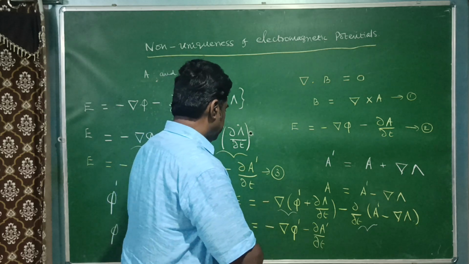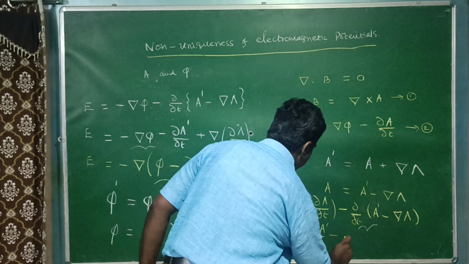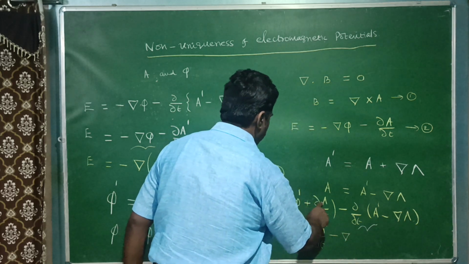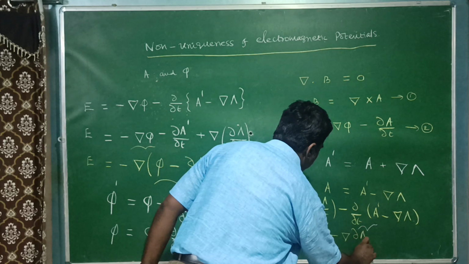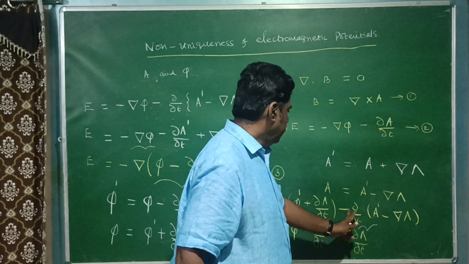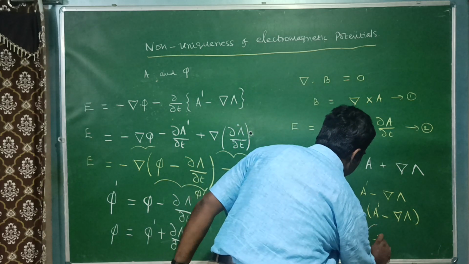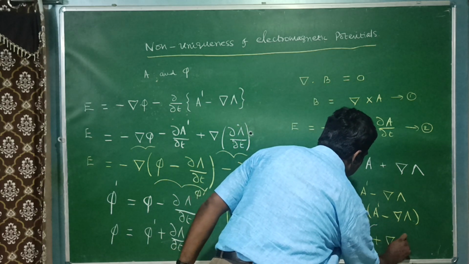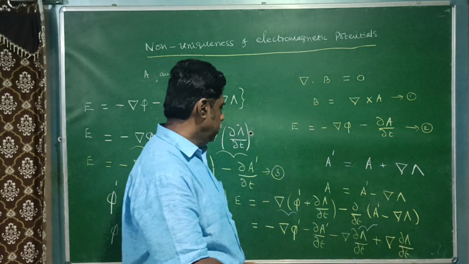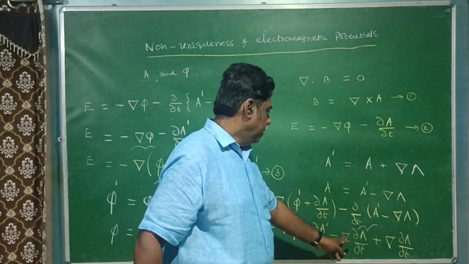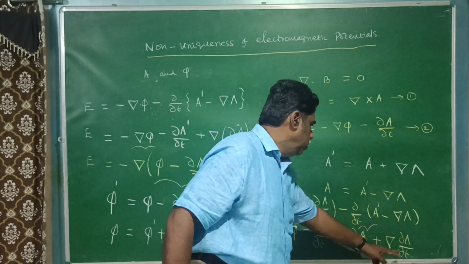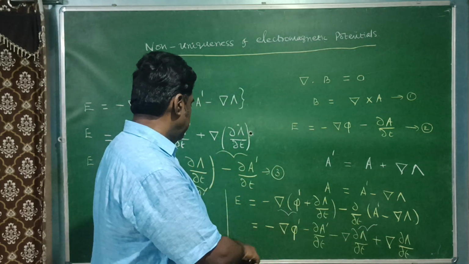Then minus grad dou lambda by dou t. Here minus into minus plus grad dou lambda by dou t. See here, minus grad dou lambda by dou t plus grad dou lambda by dou t. These two terms are cancelled.